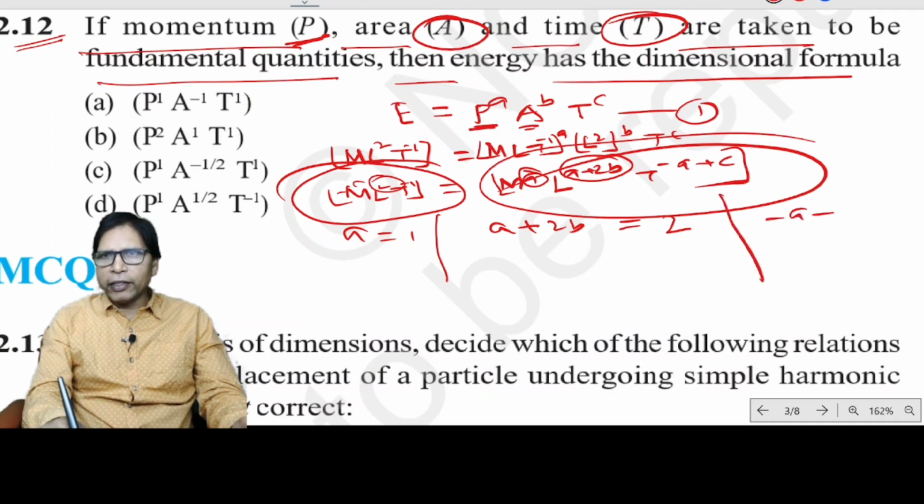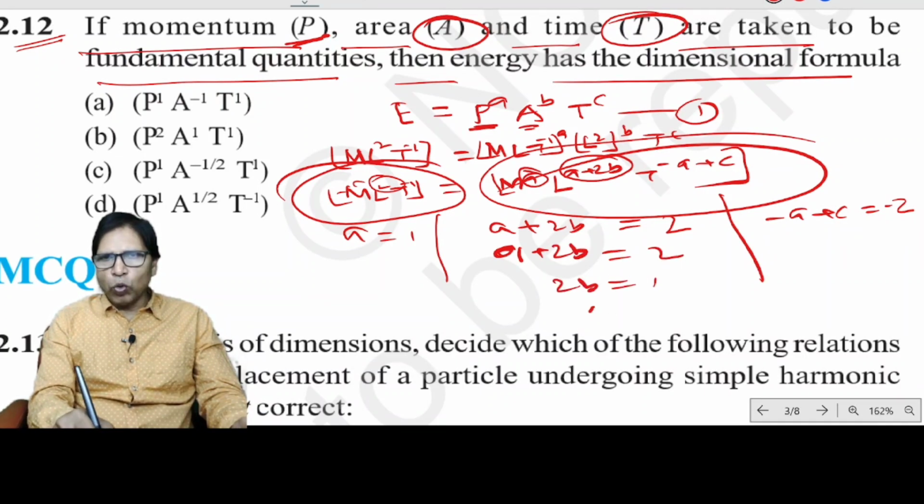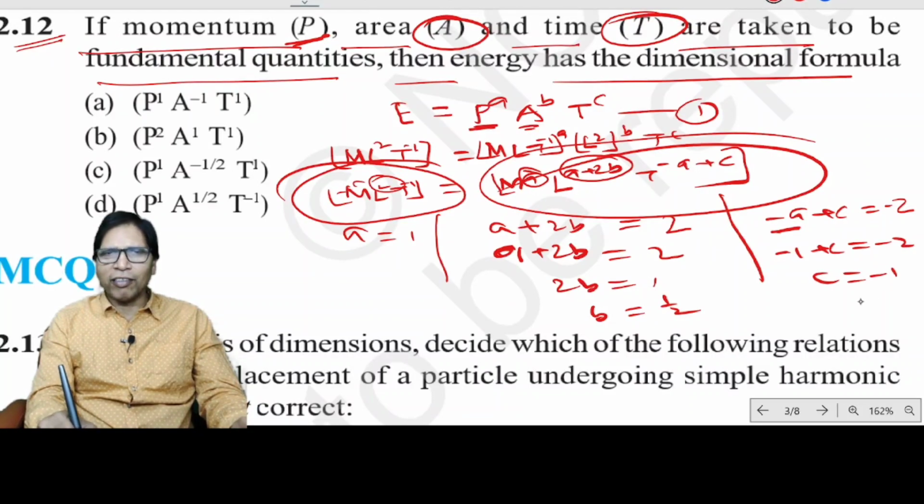And minus A plus C, this equal to minus 2. Now A equal to 1. So look at this. This is the 1 plus 2B. This equals to 2. Therefore 2B equal to 1. So B equal to half. Now minus A equal to minus 1 plus C equal to minus 2. So C equal to minus 1.